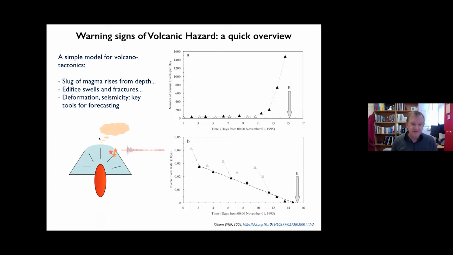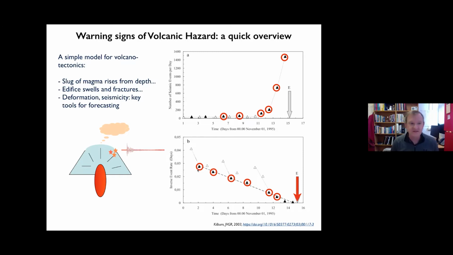The pathways for fluid and gas movement give us some geochemical indicators, and in this case, from Pinatubo, the increasing number of earthquakes per day can be used to generate a proxy or forecast for the eventual time of eruption, with the important caveat that this sort of simple analysis of the seismic events per day only really works for volcanoes that have not erupted for quite a long time. That is to say, volcanoes with a long repose interval.